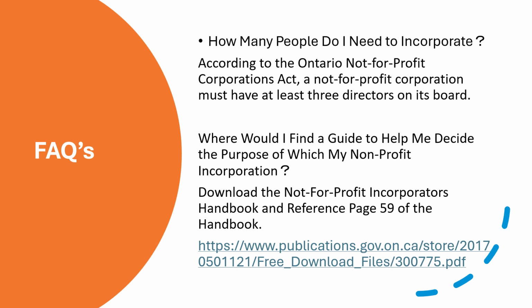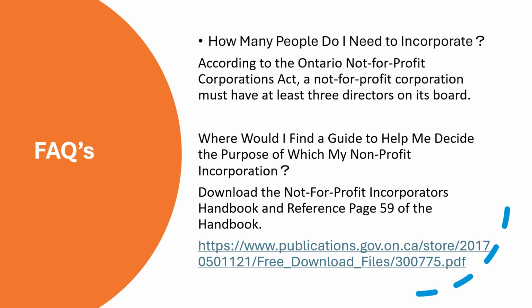You don't have to have any credentials. You just need three people to form a board, and then you would qualify as an Ontario not-for-profit corporation. There's also a very helpful guide.